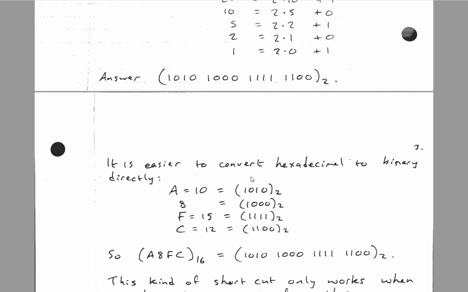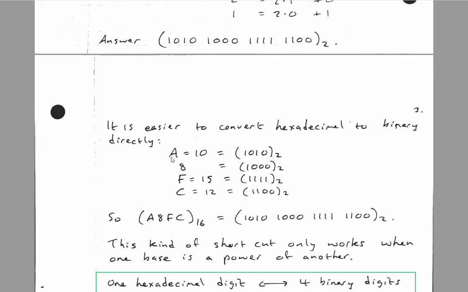It's easy to convert hexadecimal directly to binary. So take the hexadecimal digits A, 8, F, and C, and just convert each of those to their binary representations.